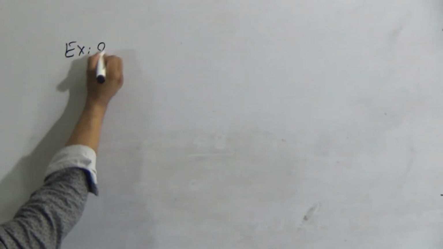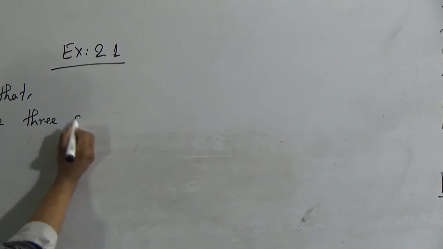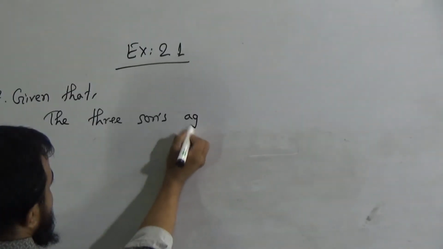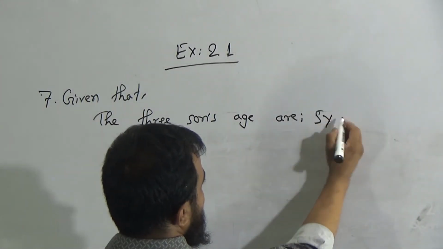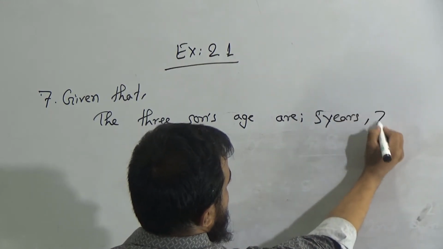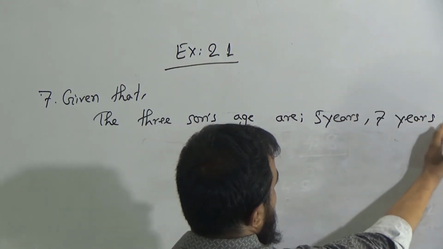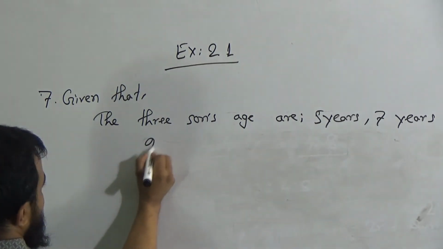That means the ages are given here. It's exercise number 2.1, question number 7, my dear students. Given that the ages of the three sons are 5 years, 7 years, and 9 years.